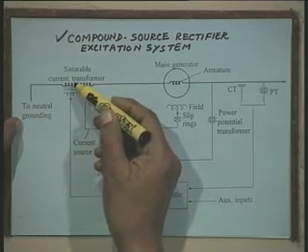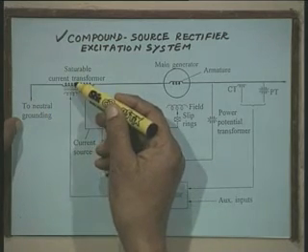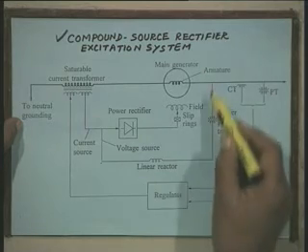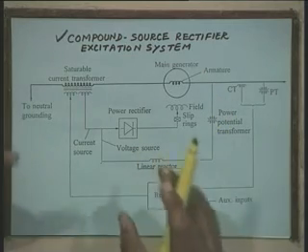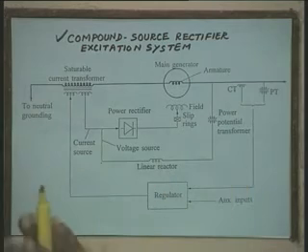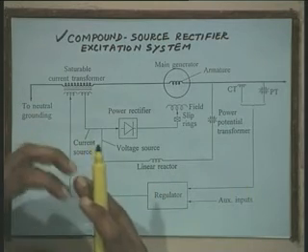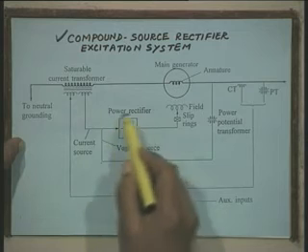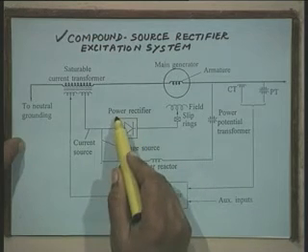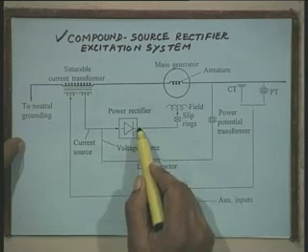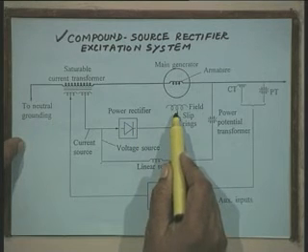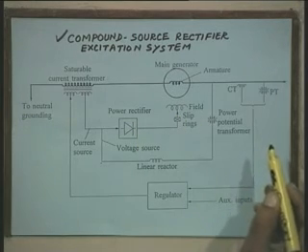Then we can obtain a quantity proportional to the load current, and a quantity proportional to the terminal voltage. These two quantities are appropriately combined, and we get an output which is fed to the power rectifier, and the output of the power rectifier gives the field current to the synchronous machine field winding.